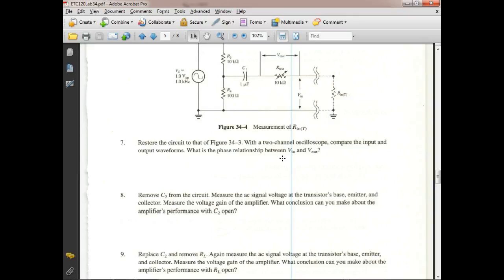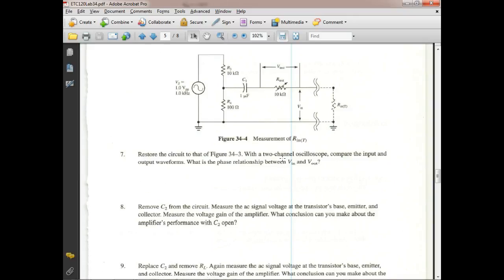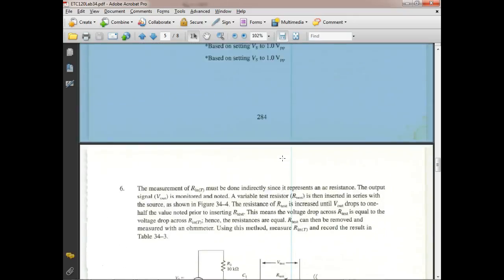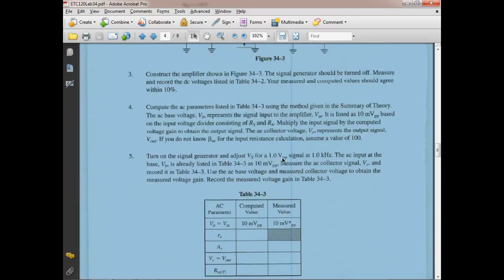And we know what the relationship is between the input-output phase of a common emitter amplifier. They're either in phase or they're out of phase. So what's the phase relationship between the input and output of a common emitter amplifier?